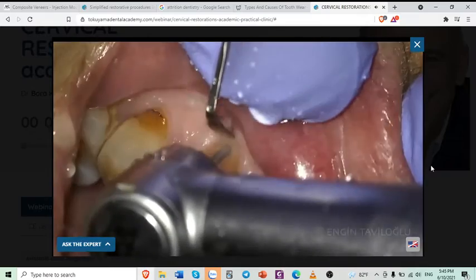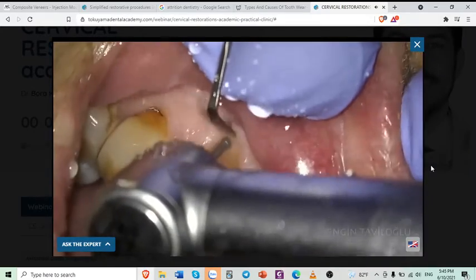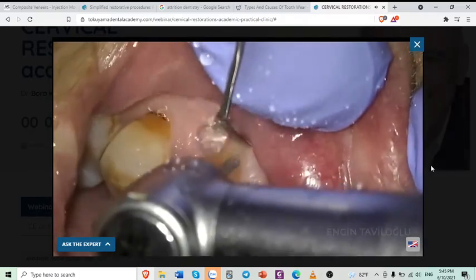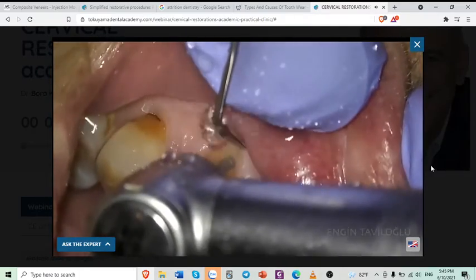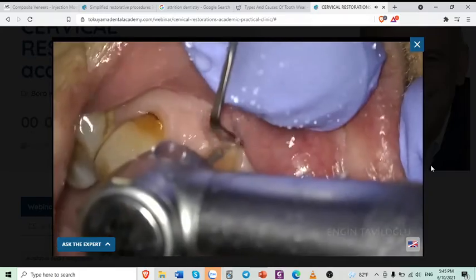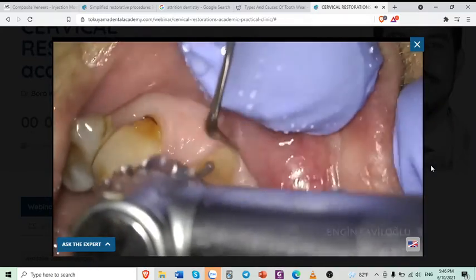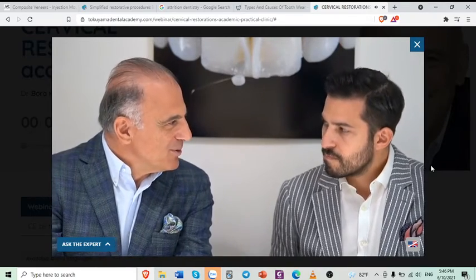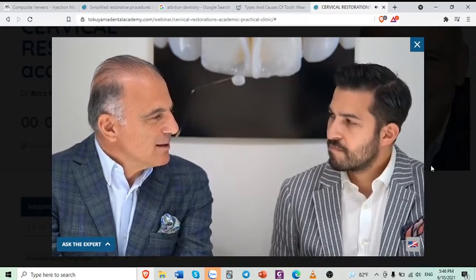We always have to use magnification in all restorations. But in more critical points, you see, if the burr moves more than necessary, or if there is an anomaly, or if there is too much bleeding, what can we do?